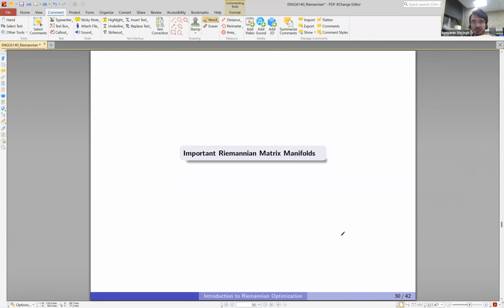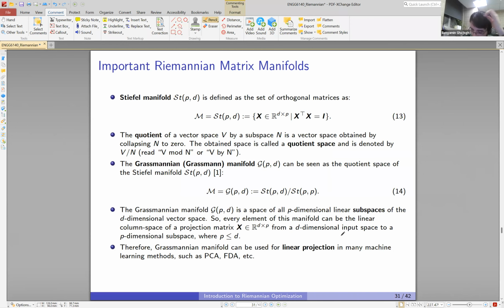Now, important Riemannian matrix manifolds. One of them is the Stiefel manifold, denoted by St(p, d). What is it? It's defined as the set of orthogonal matrices, like this. Stiefel was a scientist, by the way.